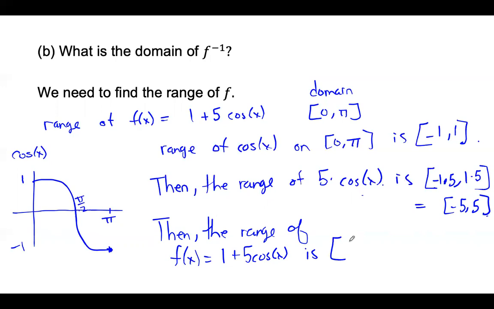So I'll just write it out, 1 plus -5, 1 plus 5. So this is equal to -4 and 6. So that is the range.